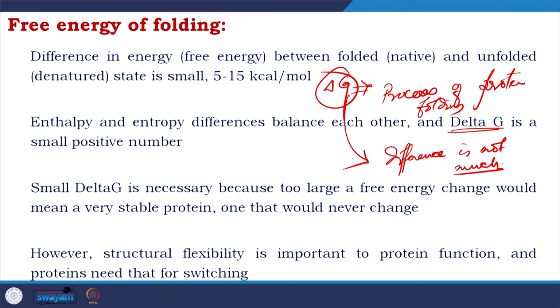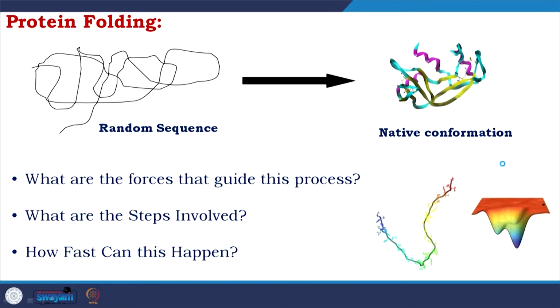However, structural flexibility is important to protein function, and proteins need that for switching. So, protein folding, as we discussed, from a random sequence to a native conformation, as you see the change happening here, you see that the protein is attaining the minima.